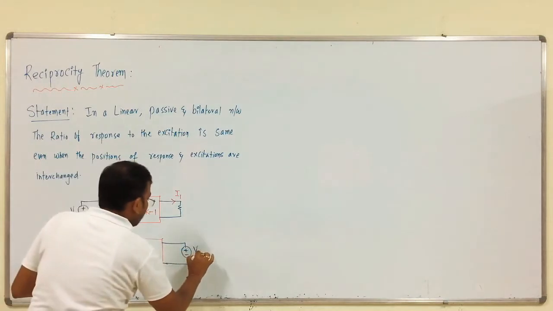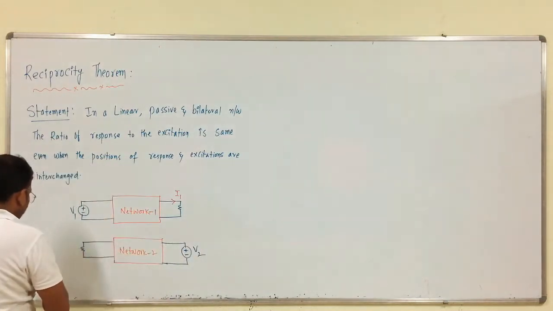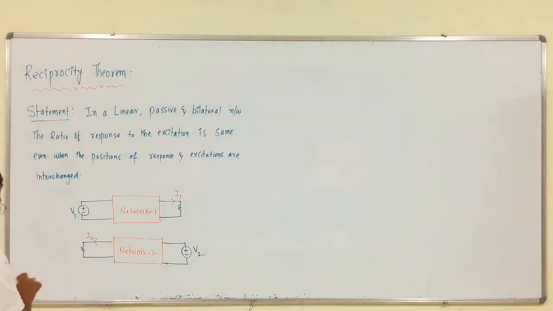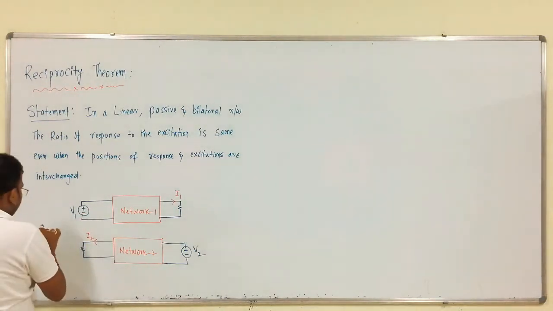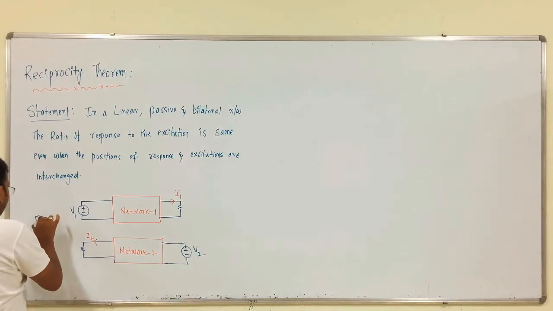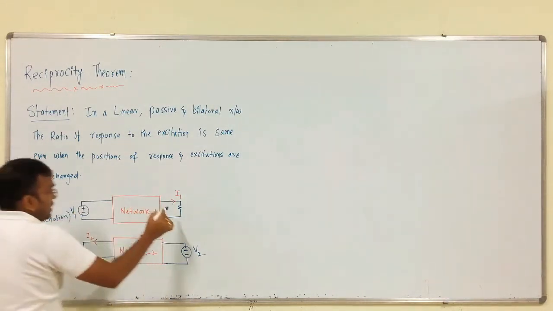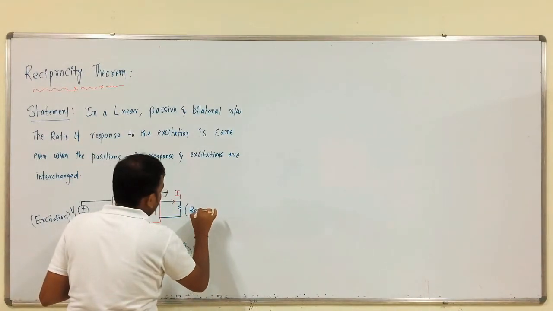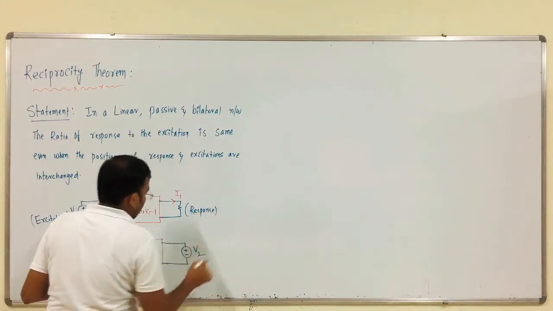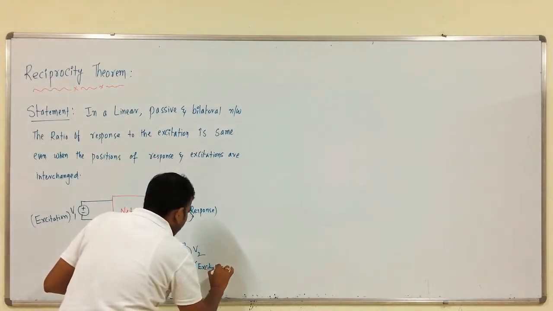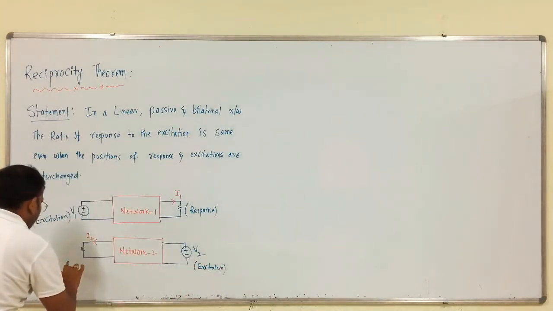So, this is V2, for example, the current through this branch is I2. So, this is what? Excitation, right? This is what? Response, output. Here this is excitation, this is response.